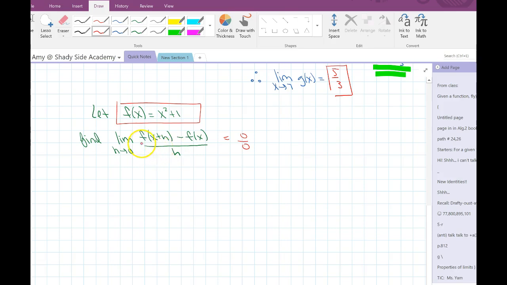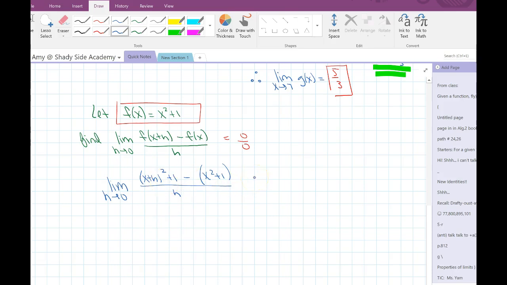So I'm going to try this now. In this case, f of x plus h and f of x exist because I know what f of x is. So I'd like you to rewrite this with me. The limit as h approaches 0 of f of x plus h is x plus h squared plus 1 minus f of x, which is x squared plus 1. Everyone okay? All over h.